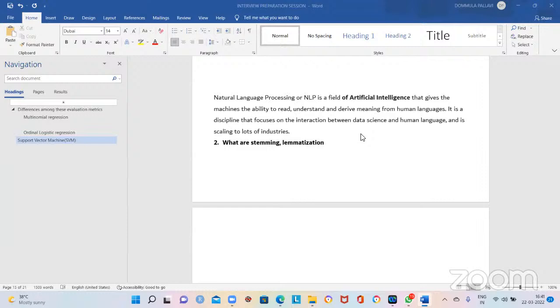Okay, coming to the next one, what is stemming or lemmatization? I will give you 2 minutes time. Mention in live chat.